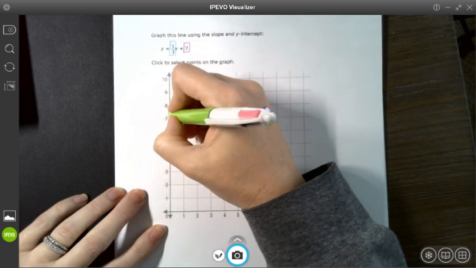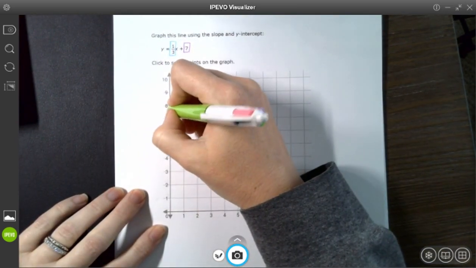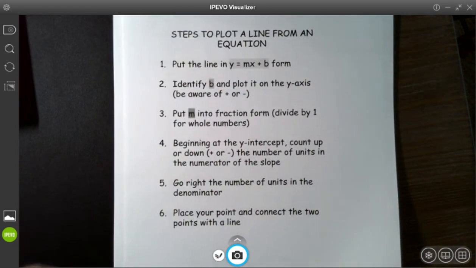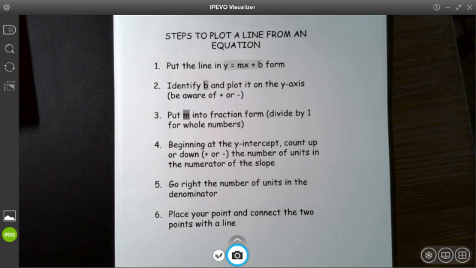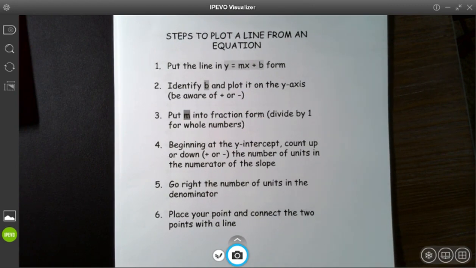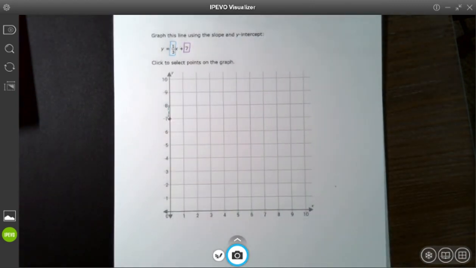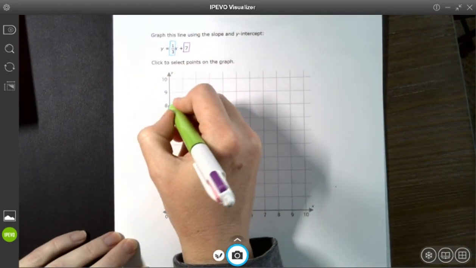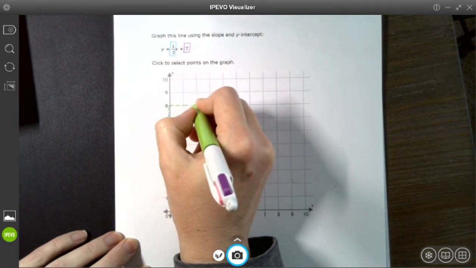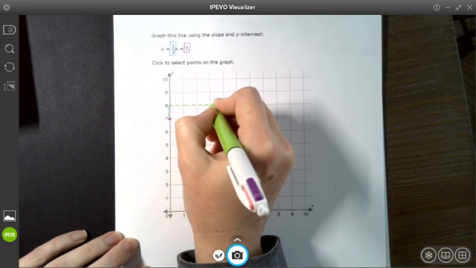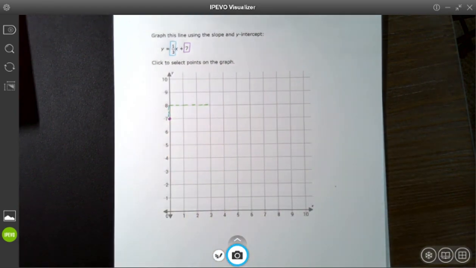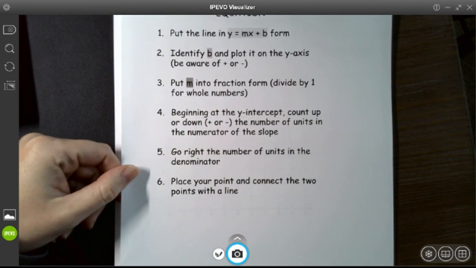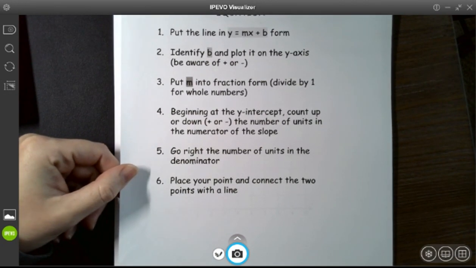I meant to do that in blue. Step 5, go to the right the number of units in the denominator. My denominator is 3, so I'm going to go to the right 3 units. And step 6, place your points and connect the 2 points with a line.